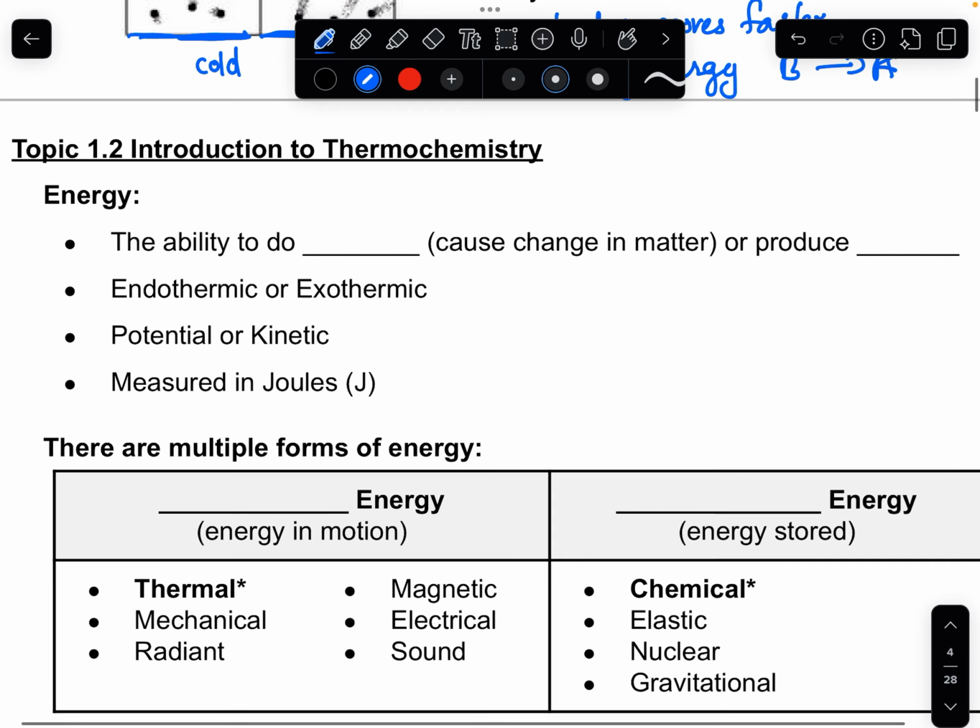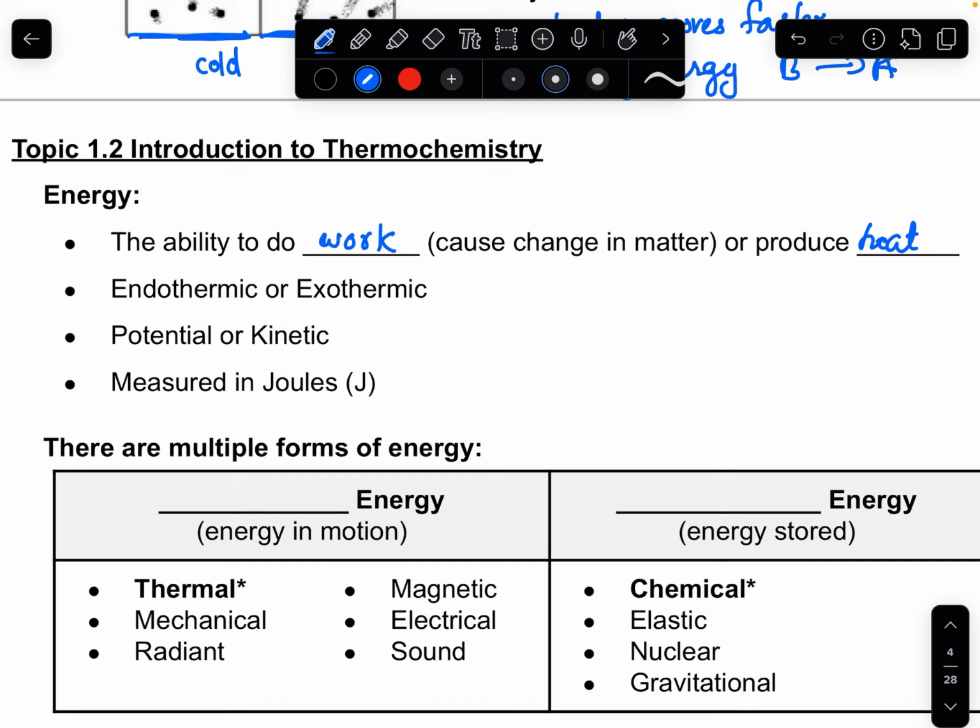Definitions. Okay, we already know what energy is. The ability to do work, or ability to generate energy or produce heat. That is called energy. So basically we are talking about the energy of a system.